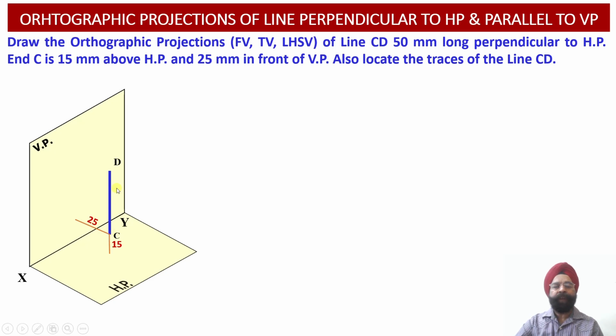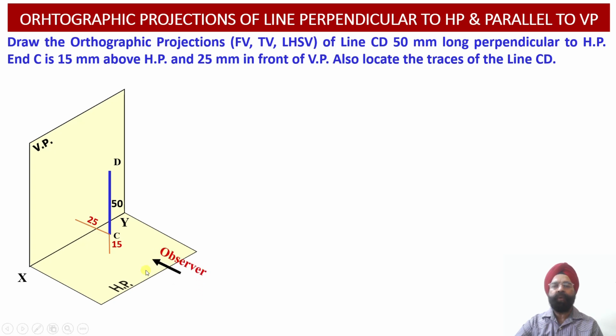So we can see that this line CD, which measures 50 millimeter, is located in the space in such a way that one end C is located at a height of 15 millimeter above the horizontal plane, and this end C happens to lie 25 millimeter in front of the vertical plane. So this way we have been able to locate the spatial arrangement of this line CD with respect to the reference planes horizontal plane and the vertical plane.